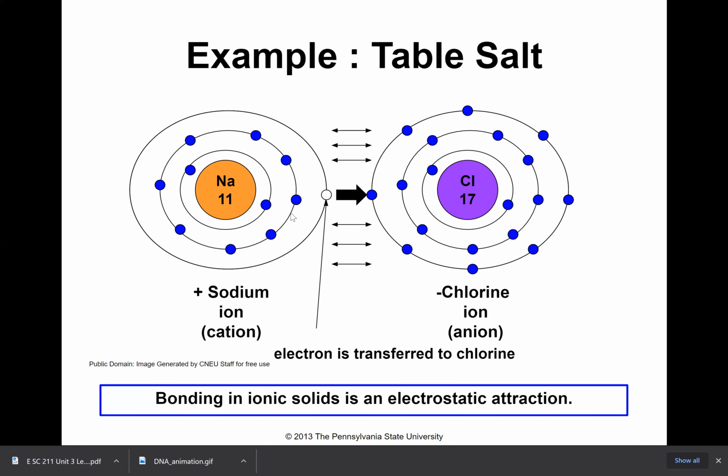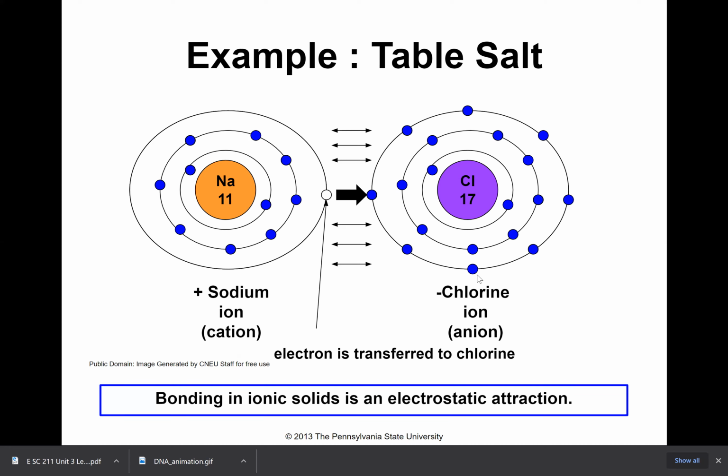So for sodium that has only 1 in the outermost shell, it's easier to get rid of that 1. Whereas chlorine, which has 7, it's easier just to gain an extra 1. So when sodium loses the 1, the next outermost shell has 8 valence electrons, so that's good to go. And when chlorine gains that 1 extra electron, chlorine has 8 electrons in the outermost shell, and chlorine is good to go.